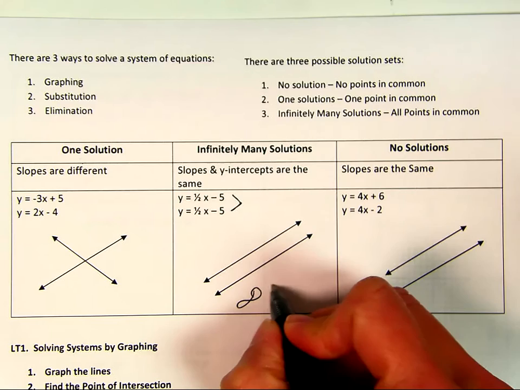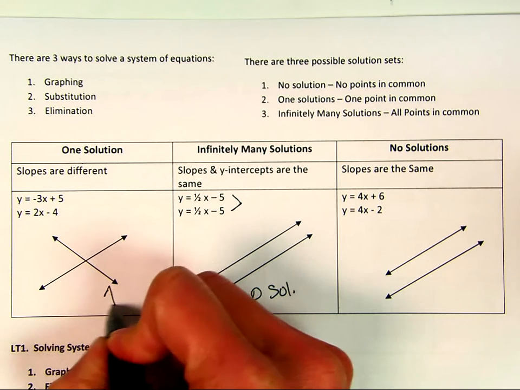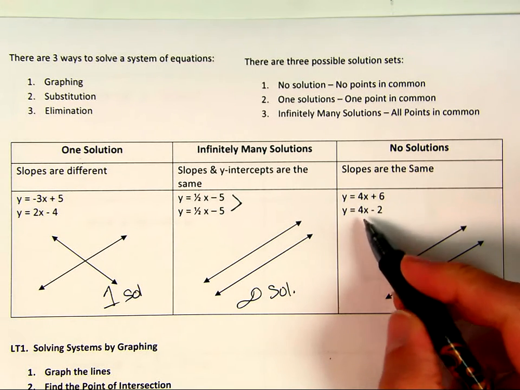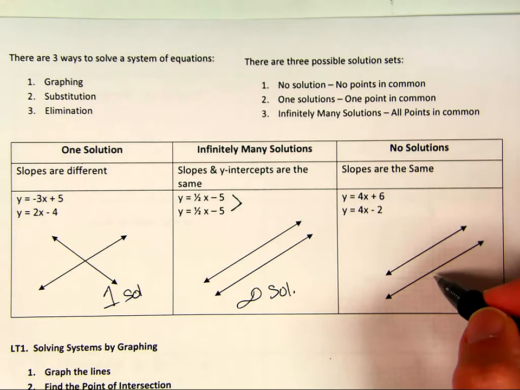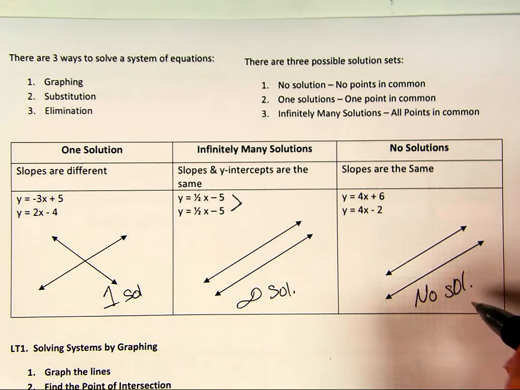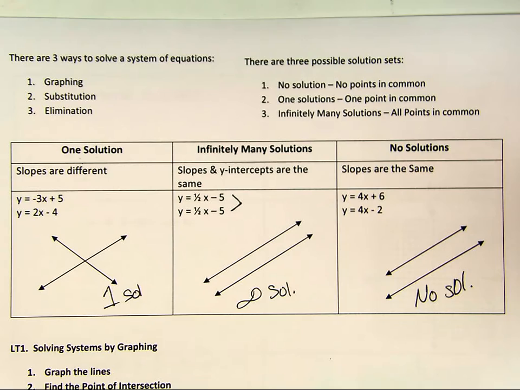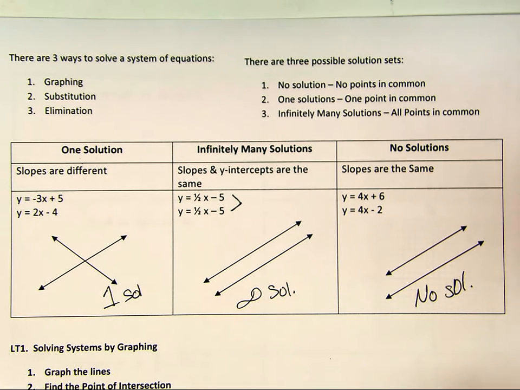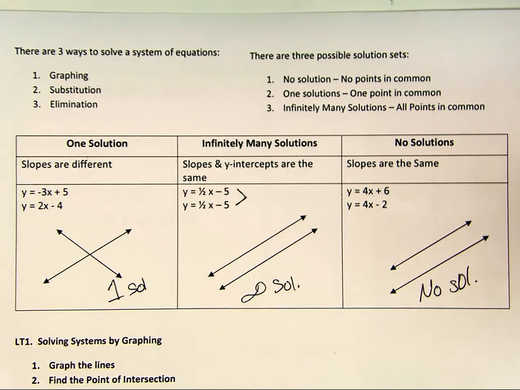That's when you get an infinite number of solutions. Here you get one solution. And over here, notice that the slopes are the same, but the y-intercepts are different. That means they're parallel lines, and we don't have any solution. So that is what it's going to look like when you're graphing for those three cases of no solution, one solution, or an infinite number of solutions.